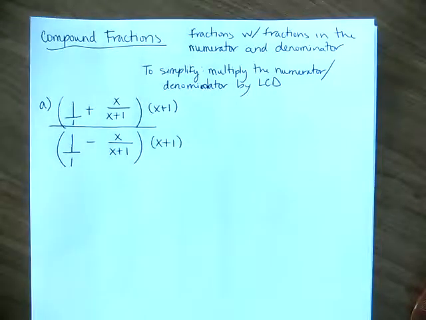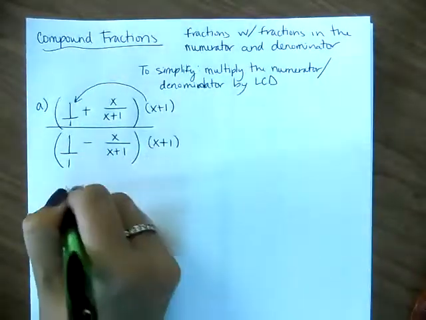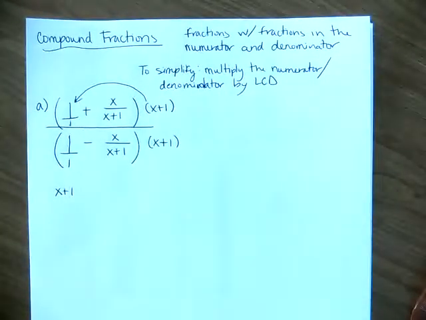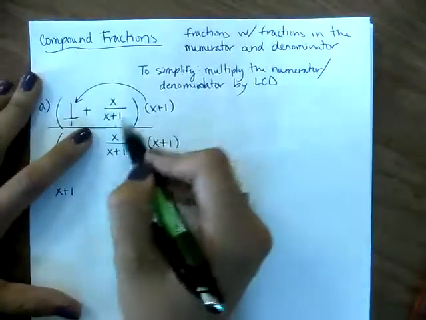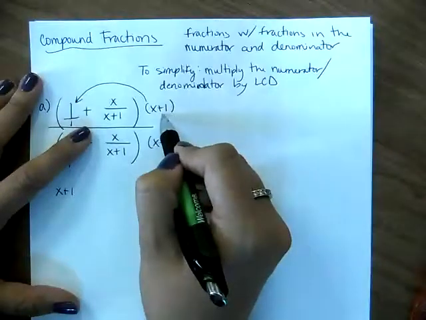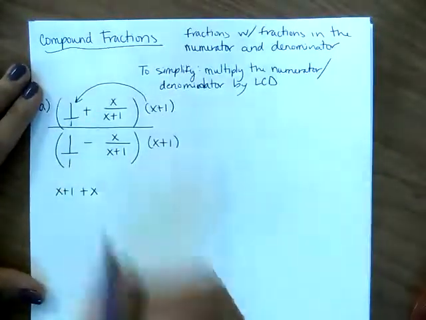You have to multiply the terms that already have it as a denominator? Yes. You have to distribute it through. So now when you do that, 1 times x plus 1 is just going to give me x plus 1. Now the second term, we have an x plus 1 in the denominator and an x plus 1 in the numerator now, right, when you distribute it. So those cancel and I'm left with just plus x.